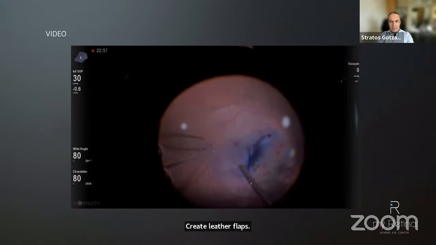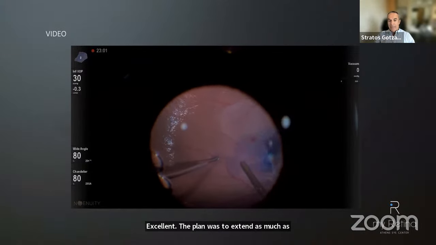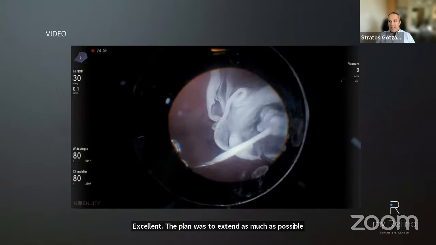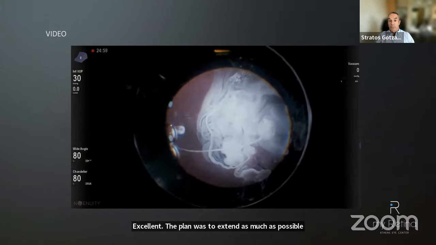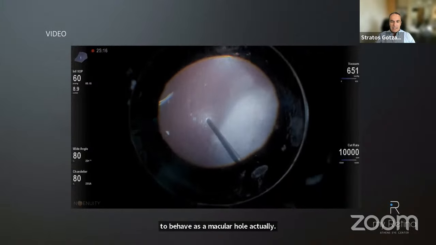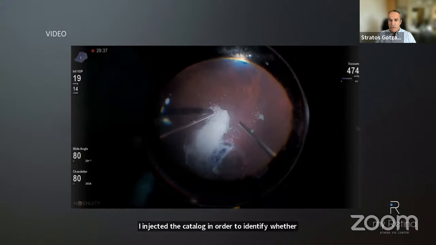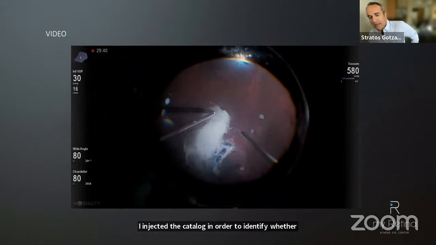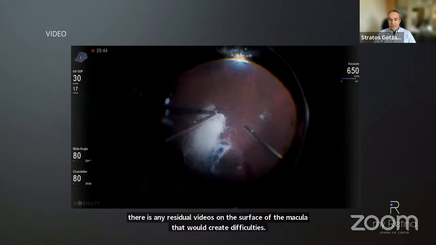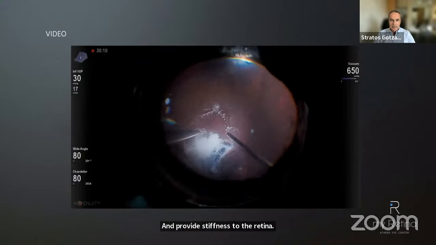extending the ILM peel. The plan was to extend as much as possible the ILM in order to release the traction on the retina and to leave the two edges of the break to come close and to behave as a macular hole, actually. I injected Kenalog in order to identify whether there is any residual vitreous on the surface of the macula that would create difficulties and provide stiffness to the retina to close the break.